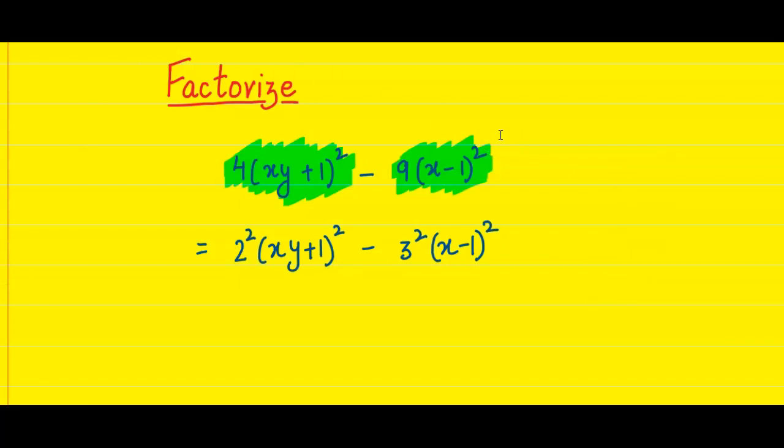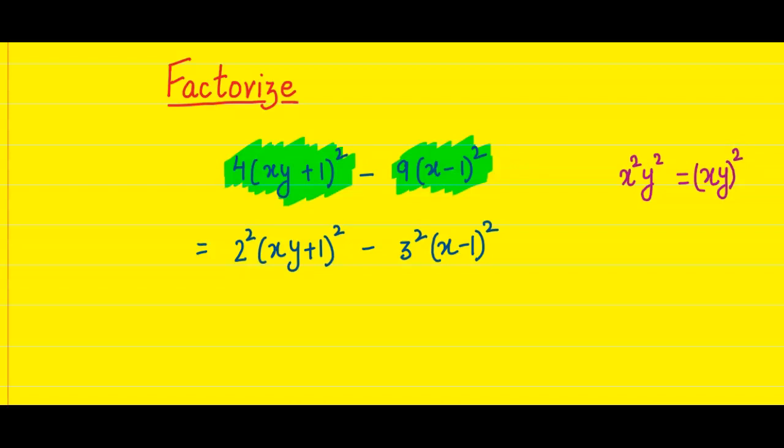Now, if you recollect exponents chapter, there you learned that if two variables are multiplied and they are raised to the same power, you can always write them in the bracket and put a common power. Like x square, y square can be written as xy raised to power 2.